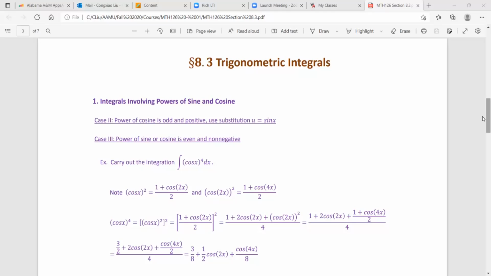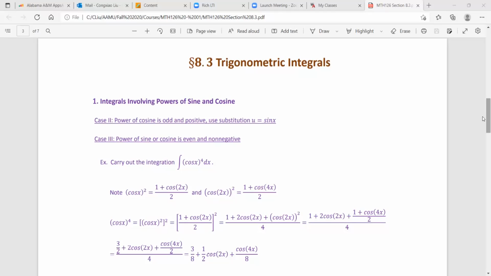We have summarized several cases, several categories that we can actually find an analytical integral for. We're going to start from the integrals involving powers of sine and cosine functions.